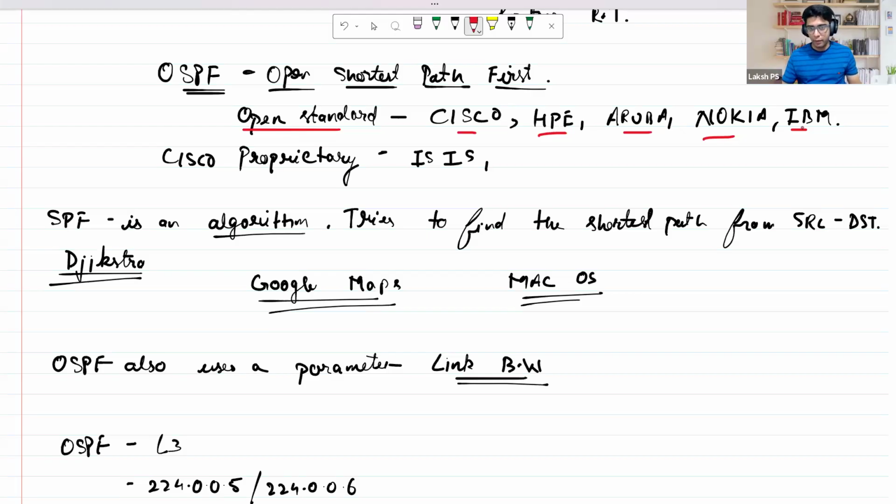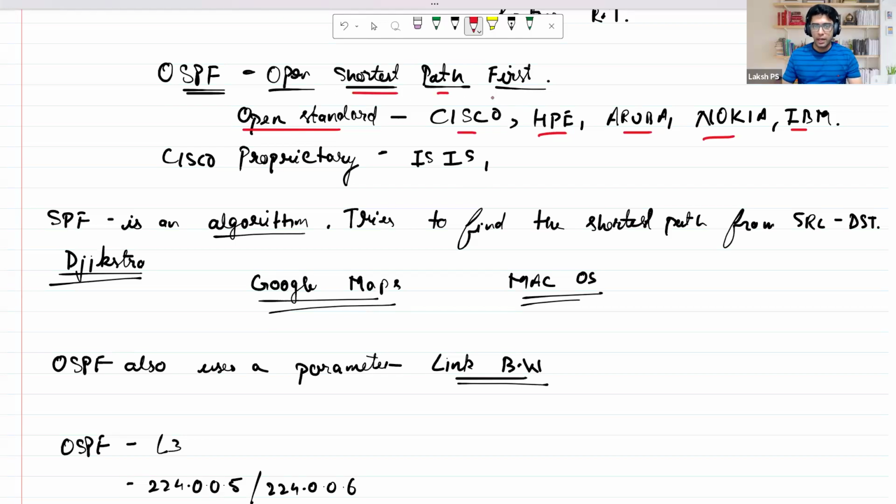There's no special feature required for different vendors to talk using OSPF. There are also Cisco proprietary protocols like ISIS. ISIS is Cisco proprietary, which means that only Cisco devices can run ISIS, and no other vendor's devices can run it. That's what Cisco proprietary is.